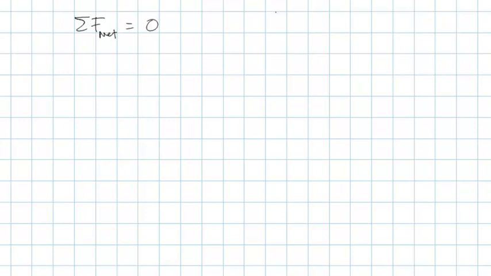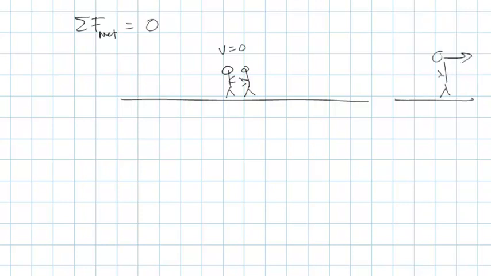So if you have a system that has a certain motion to it, like for example 2 ice skaters standing close together with their hands touching, and they're not moving, and then they push off each other so that one of them moves in one direction and the other one moves in the other direction.